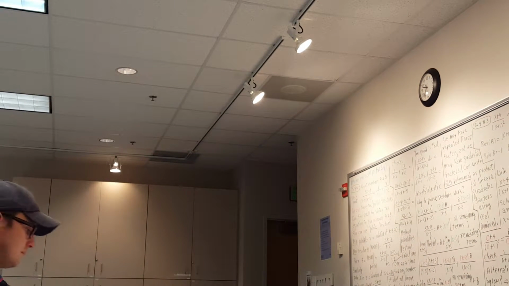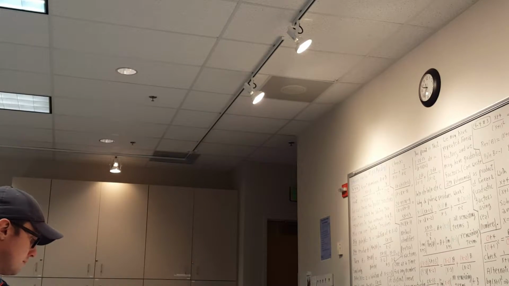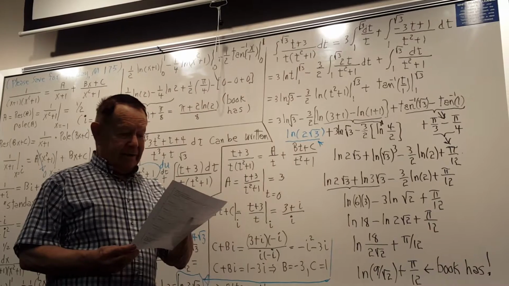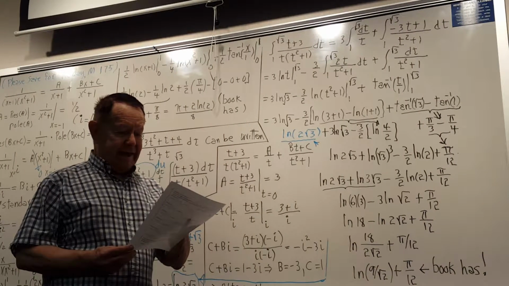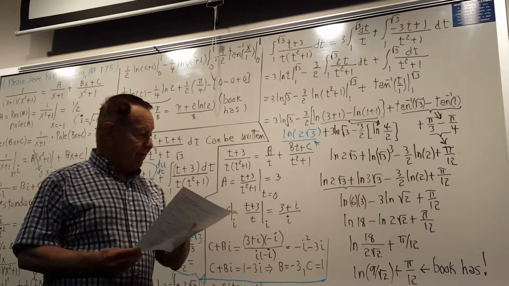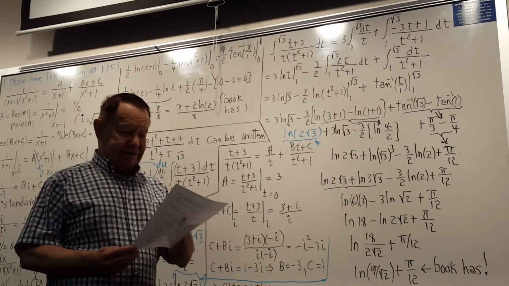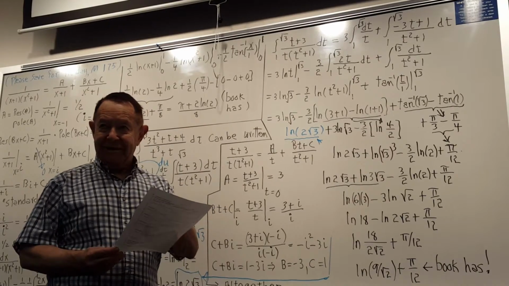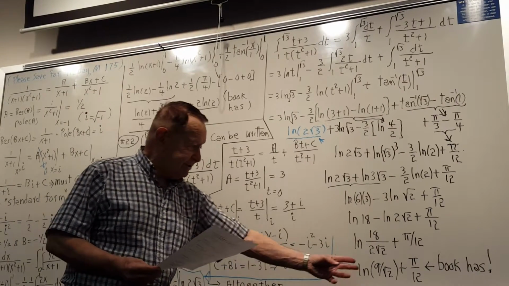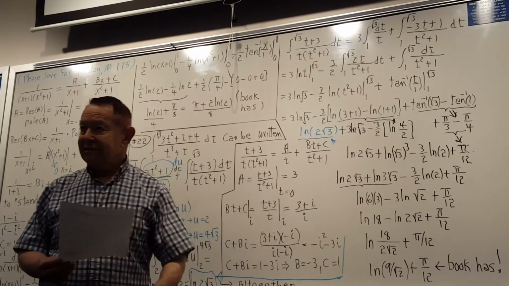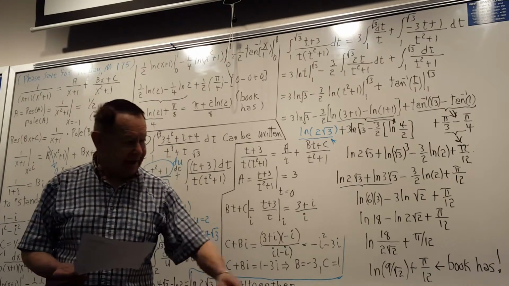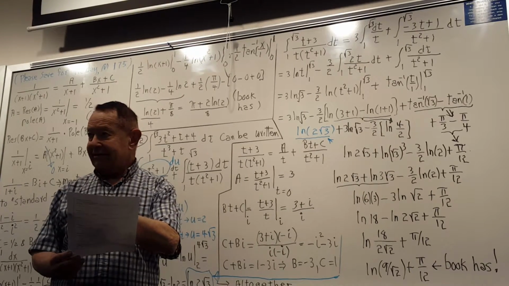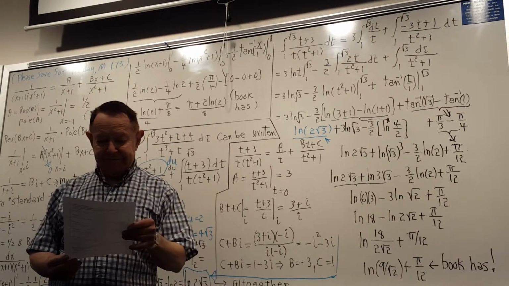You see, because your 2 log 3 is log 3 squared, which is log 9, and your 1/2 log 2 is log square root 2, and so you have log 9 minus log square root 2, and the difference of the logs is the log of the quotient. So you can reconcile what the book has with formula 10 in the Maple, all right.